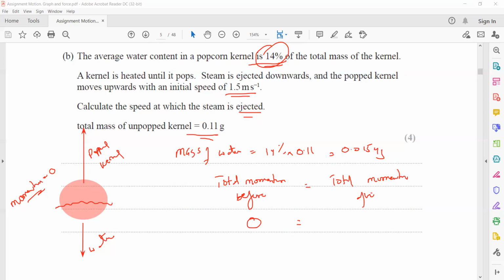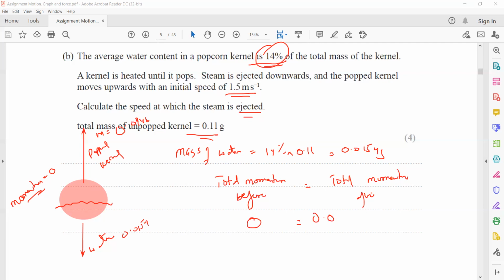So what will be the mass of the popped kernel? Because if 14% is the mass of water, then the remaining 86% of 0.11 is the mass of the kernel. So mass of the kernel will be 0.0946 and the mass of the water is 0.0154.